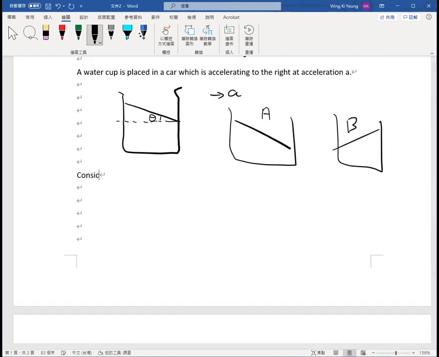So let's consider a water droplet right on the water surface. In the frame of the car, you know the car is a non-inertial frame because the car is accelerating relative to the ground.